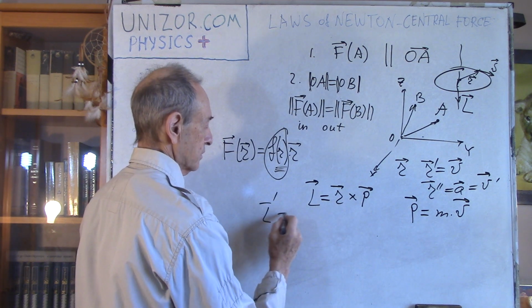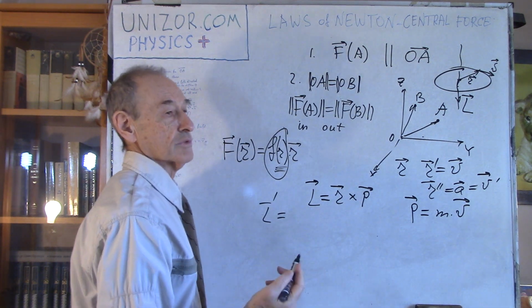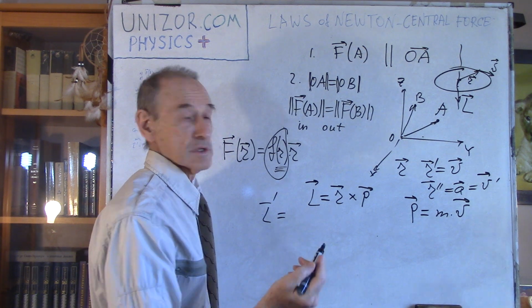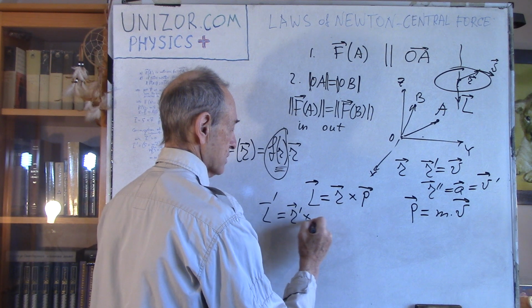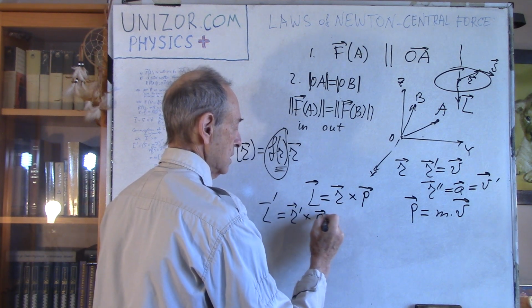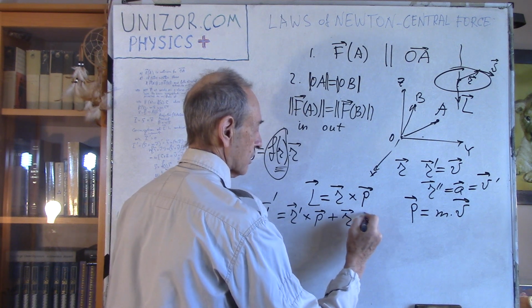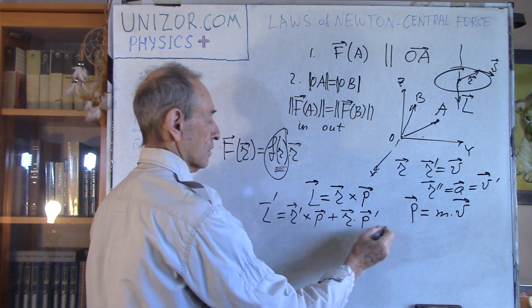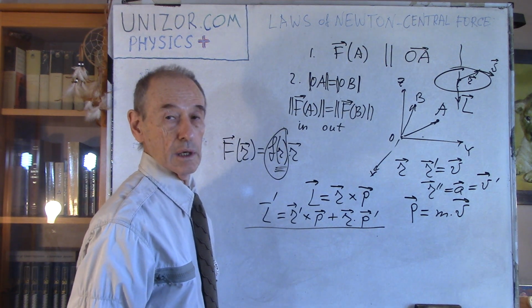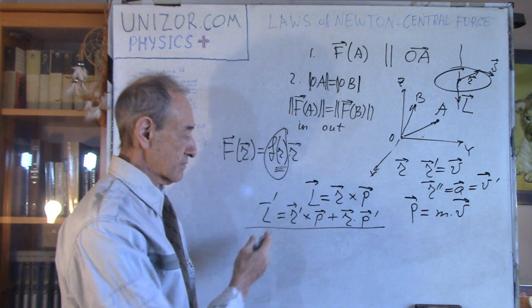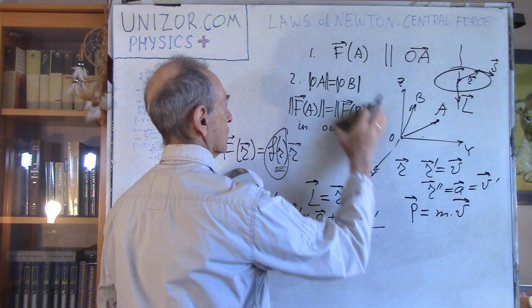The first derivative of a vector product is basically similar to the derivative of a product of two functions. So it's r' times p plus r times p'. This is the regular formula for differentiation of a product, in this case the vector product of two different things. Alright, so let's just calculate what it is.